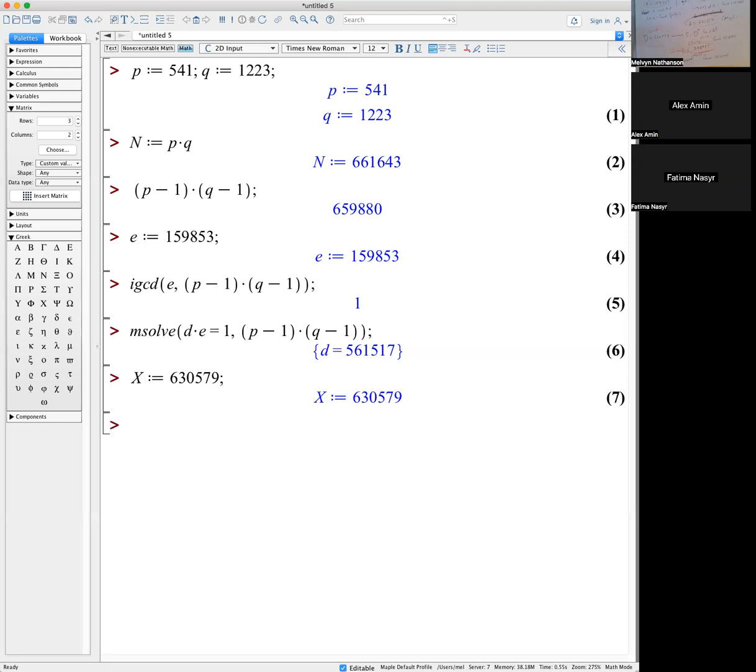It's going to be X to the power D, and we want that modulo N. So I want to know what is the remainder when you take X to the D modulo capital N.